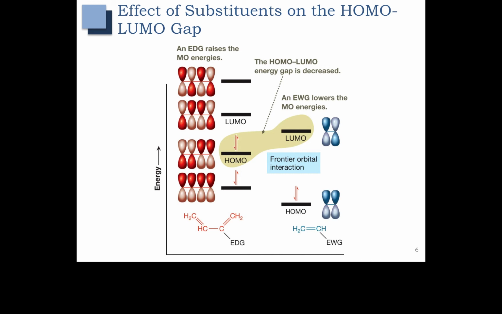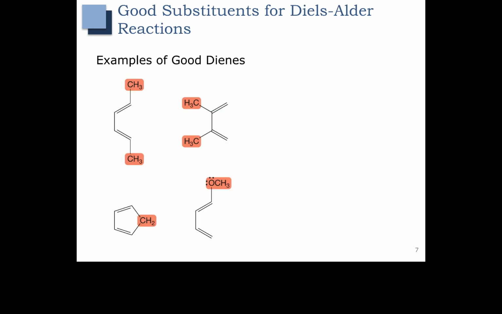Let's look at some examples of what we can use as electron donating groups and electron withdrawing groups. The nice thing is we don't have to learn anything new. We can use examples of donating groups that we learned from Chapter 23, Electrophilic Aromatic Substitution. All of those groups that we talked about that were good donating groups for electrophilic aromatic substitution are also going to be good donating groups for the Diels-Alder reaction.